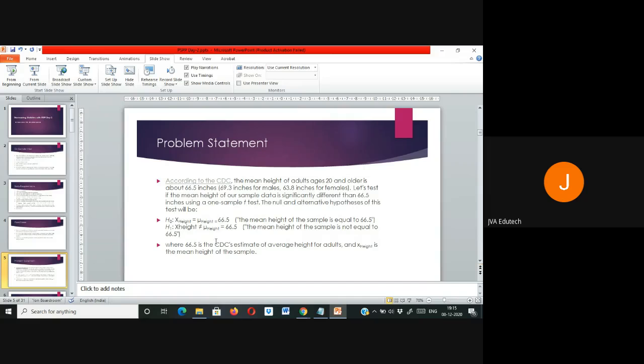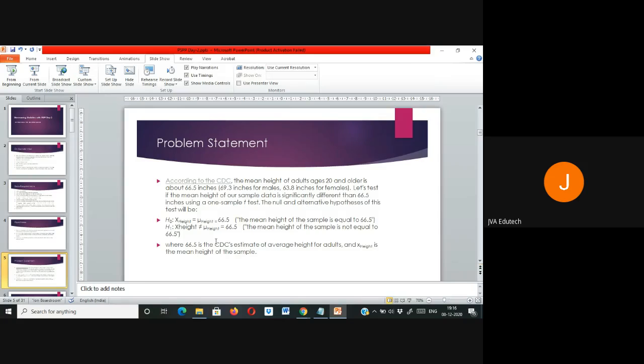In this case, our null and alternate hypotheses will be as follows. The null hypothesis is that x bar height, the height of the sample, is equal to mu height. And here mu height is already given, 66.5. So ultimately we are saying that the mean height of the sample is equal to 66.5. In the alternate hypothesis, we are saying that the mean height of the sample is not equal to mu height, the height of the population, which on average is given as 66.5 inches.